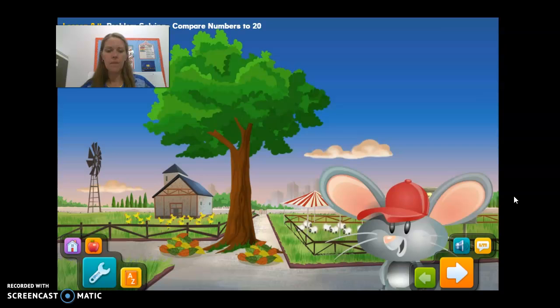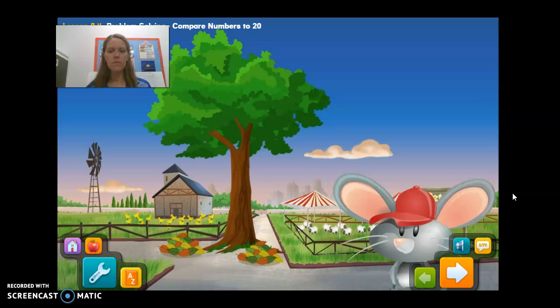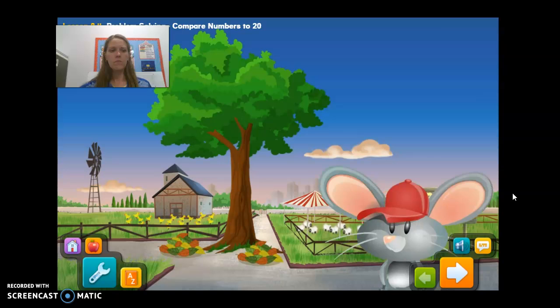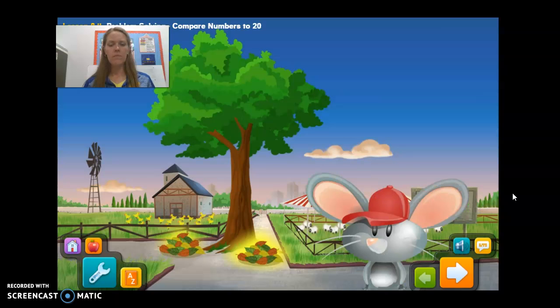Hi there! You know, raking leaves at the zoo is a full-time job. The gardeners here have been hard at work. They raked one pile of leaves yesterday and another one today. I wonder which pile has more leaves.